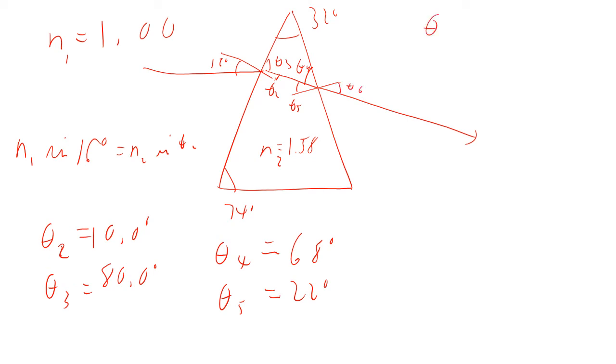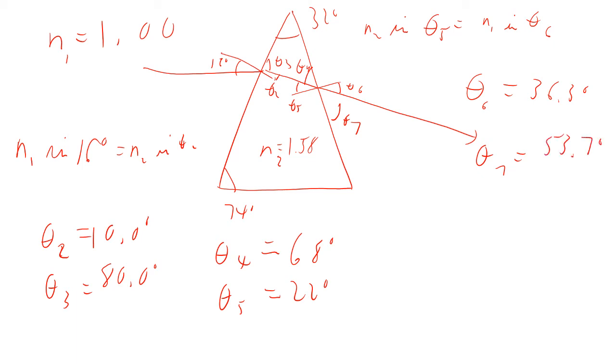So again, it's going to be n2 sine theta 5 equals n1 sine theta 6. So we can solve for theta 6. Theta 6 is now 36.3 degrees. So theta 7, 90 minus 36.3, is 53.7 degrees.